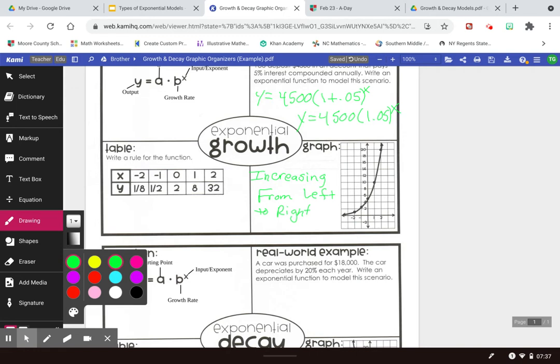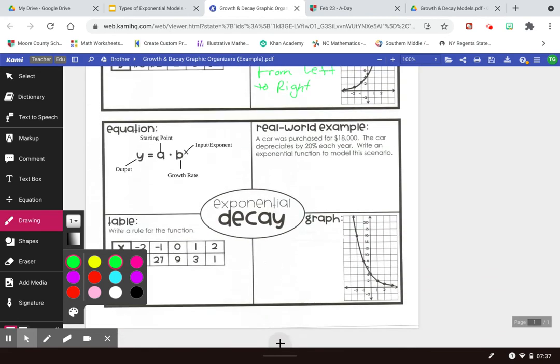Okay, as far as the table is concerned, we're going to leave that for later, writing a rule for the table, because I will show that to you when I get back, how you can do that on Desmos as well as using your TI-84 graphing calculator. So we're going to leave the table blank for now. All right, so that's what an exponential growth model looks like.